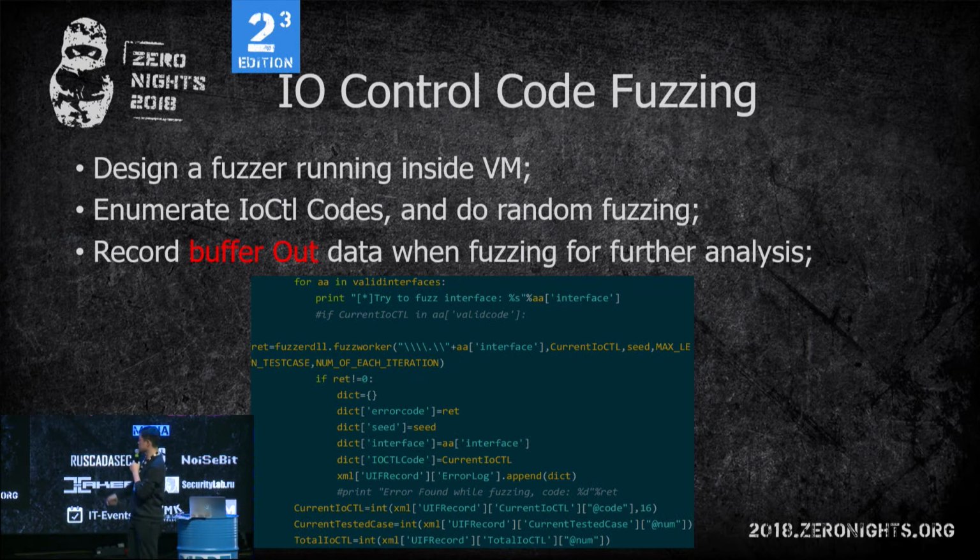Here is a summarized code snippet of how I do the fuzzing. The fuzzer is written in Python, and the core fuzzing unit is written in C or C++ and compiled to a native binary, which speeds up the fuzzing process.